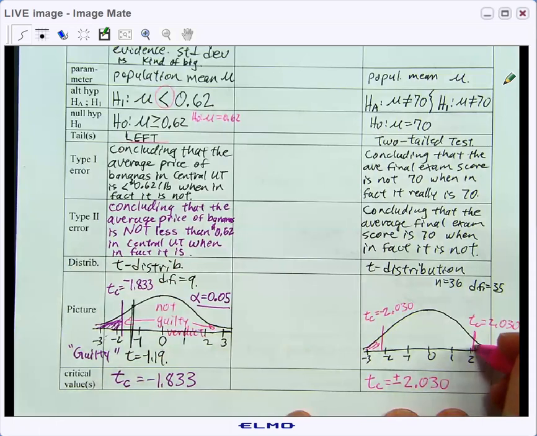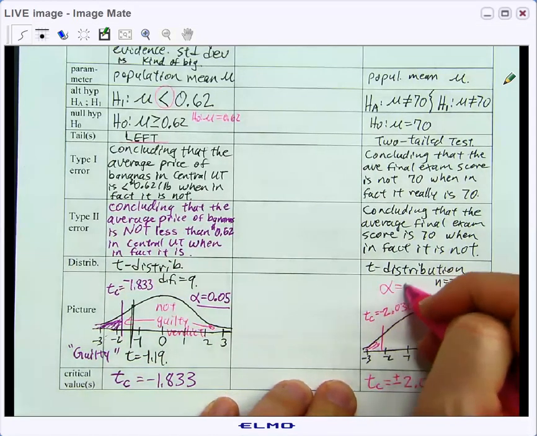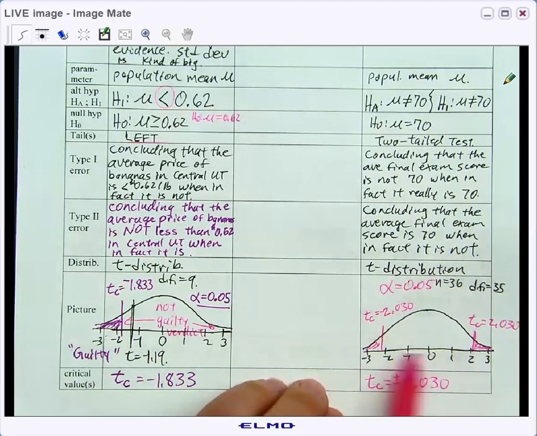And if we land out here, that's enough evidence, that's beyond reasonable doubt, we're going to come back with a guilty verdict. And just as a quick reminder, those two regions together make 5%. So we'd have 2.5% in this tail and 2.5% in the other.